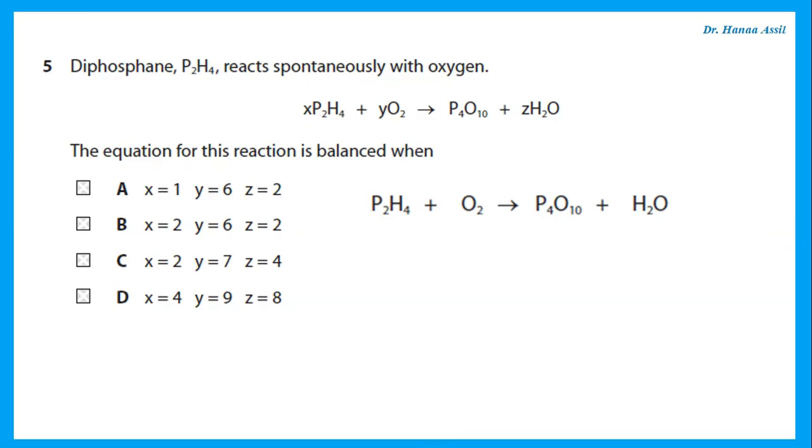That means I need to put a 2 in front of the P2H4, but that means I have 2 times 4 hydrogens, so I need 2 times 4 hydrogens after the arrow. Now I have how many oxygens total after the arrow? I have 10 plus 4, that's 14, so I need 2 times 7 before the arrow, and that is the balancing of the equation.